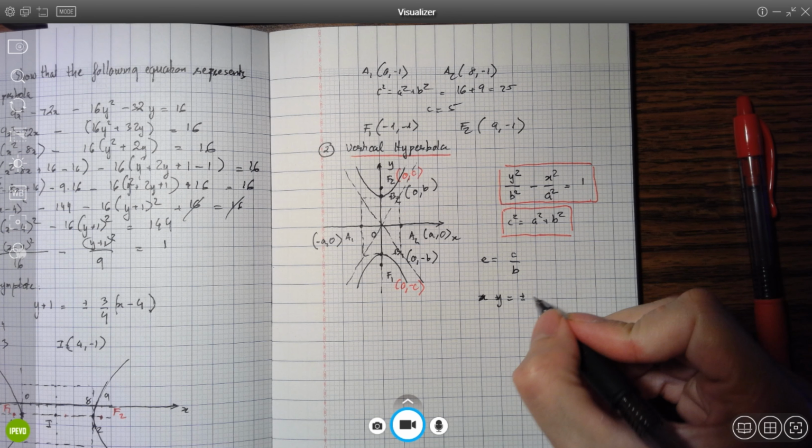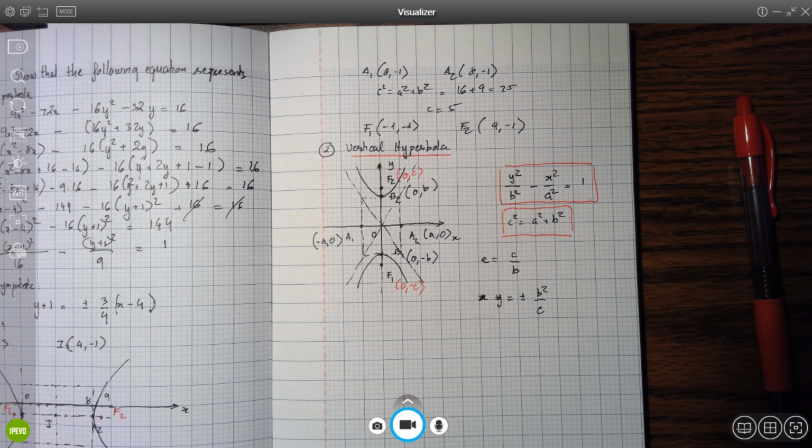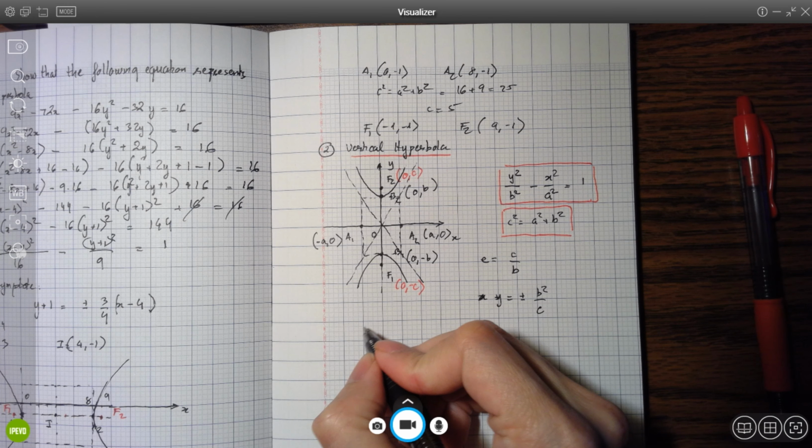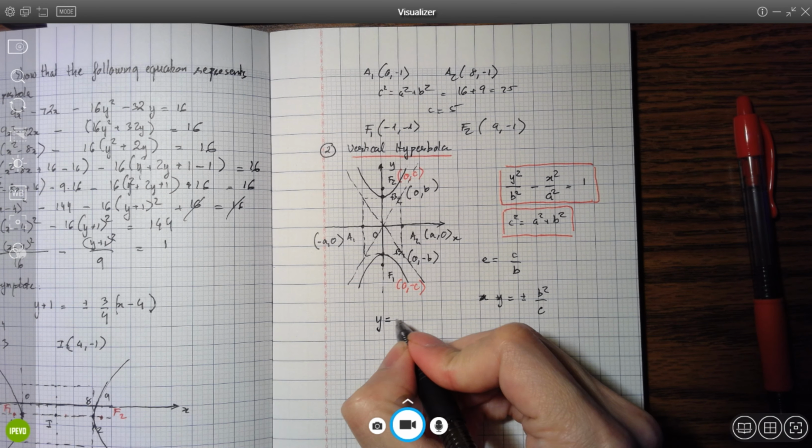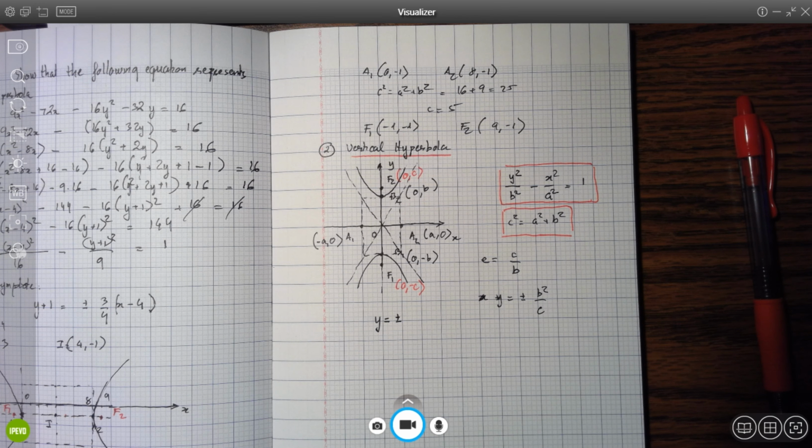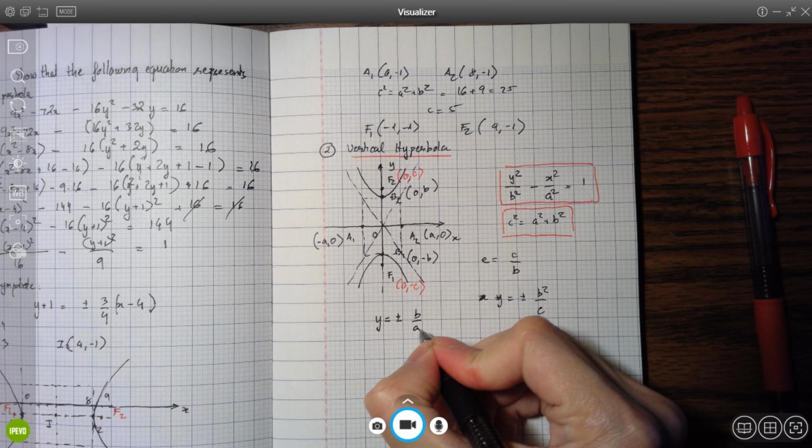And the asymptote will be y equal to plus minus, what do you think? In this case it's still plus minus b over a x.